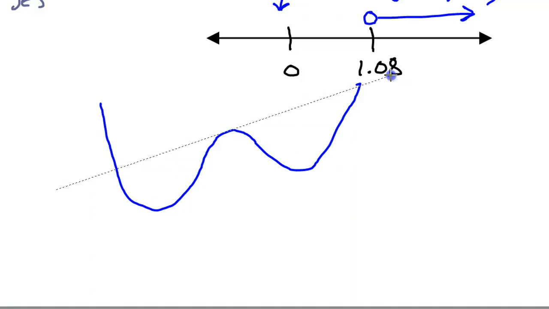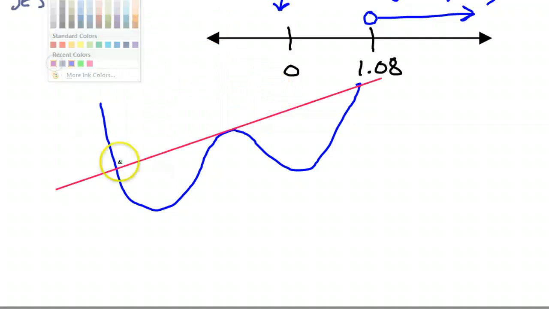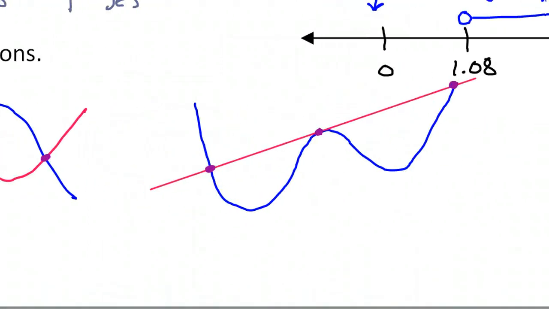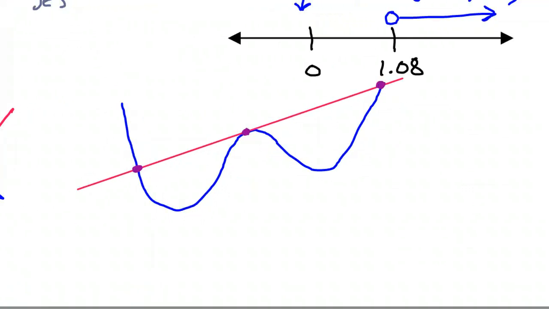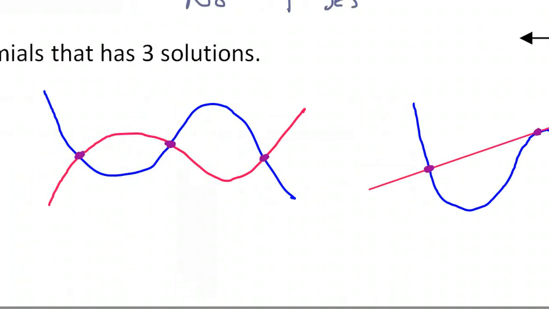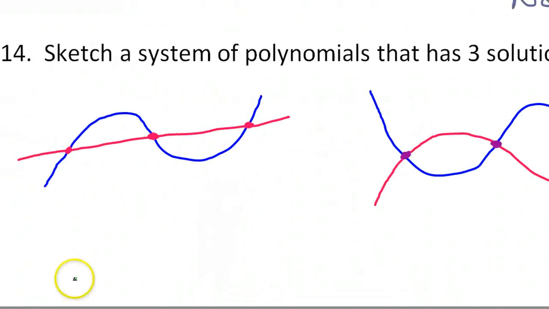The way to do it would be to make it tangent right here at this part. If I do it like this, then you can see that I will have 3 solutions. I'll have one here, and one here. So there are many ways, and I'm sure there are more that I just haven't thought about yet. But these are all examples of systems of polynomials that have 3 solutions.